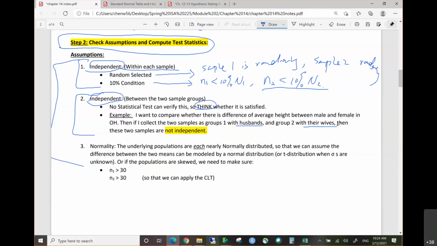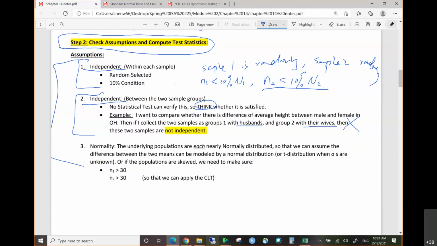Of course not, right? So these two samples are not independent of each other, and this assumption is not met. So for the second independent assumption, there's no way for you to check by some formulas. You just need to think about it.